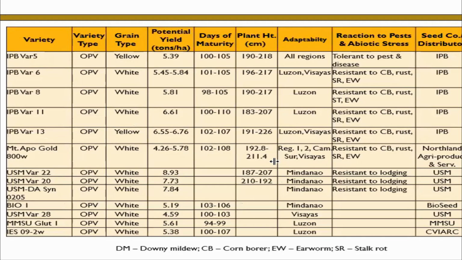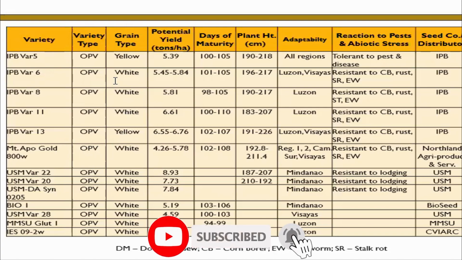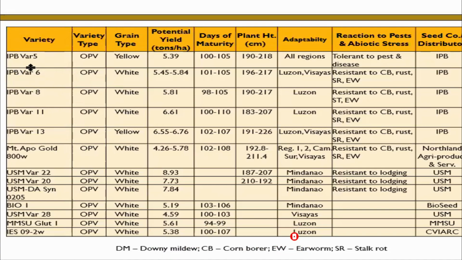Next, we have the other type from the Institute of Plant Breeding. If you want to sample this kind of variety as an alternative food or meal aside from rice, you can use these corn seed varieties available at the Institute of Plant Breeding.